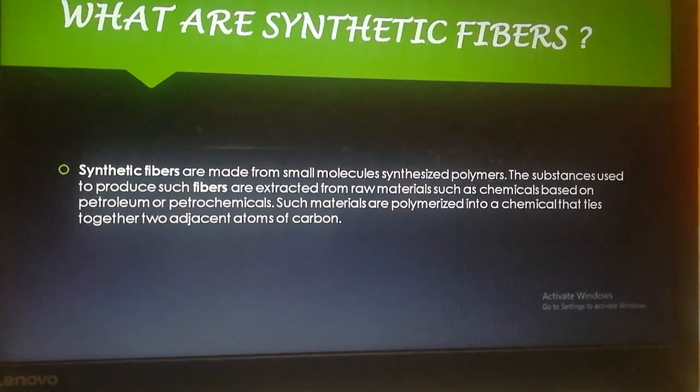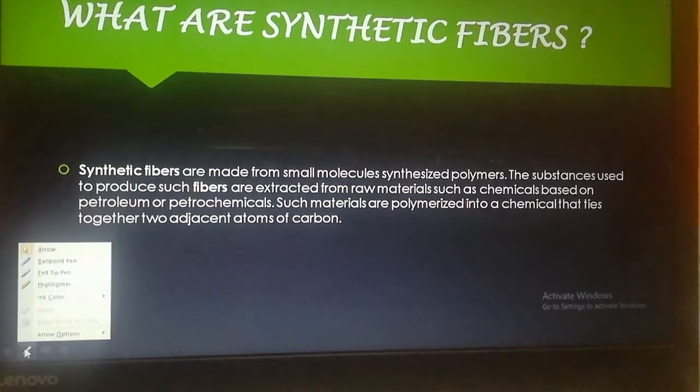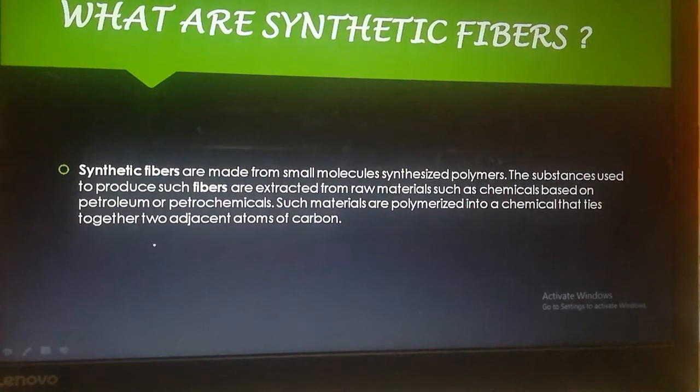The word polymer comes from two Greek words. Poly means many and mer means part or unit. So, you know what a polymer is? Now the structure of a polymer: it's made of very small units like that.